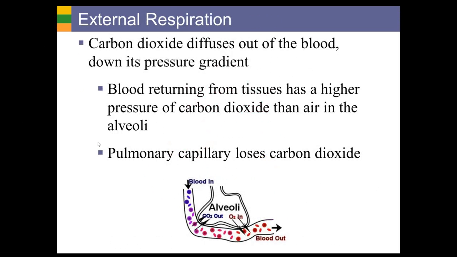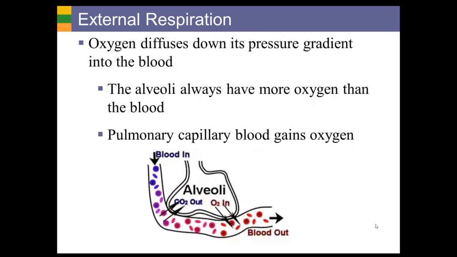As you know, in the pulmonary capillaries in the lungs, carbon dioxide is going to diffuse out, and oxygen is going to diffuse in. Both are moving down what are called partial pressure gradients, from high partial pressure to low partial pressure.